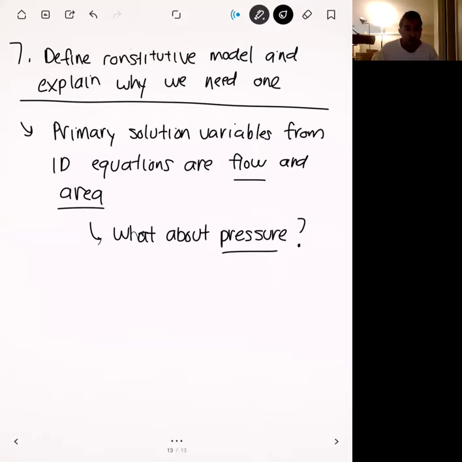And in order to get pressure, we have to use what's known as a constitutive model. The idea with the constitutive model is that it's an equation that someone developed, which forms a relationship between pressure and wall deformation.